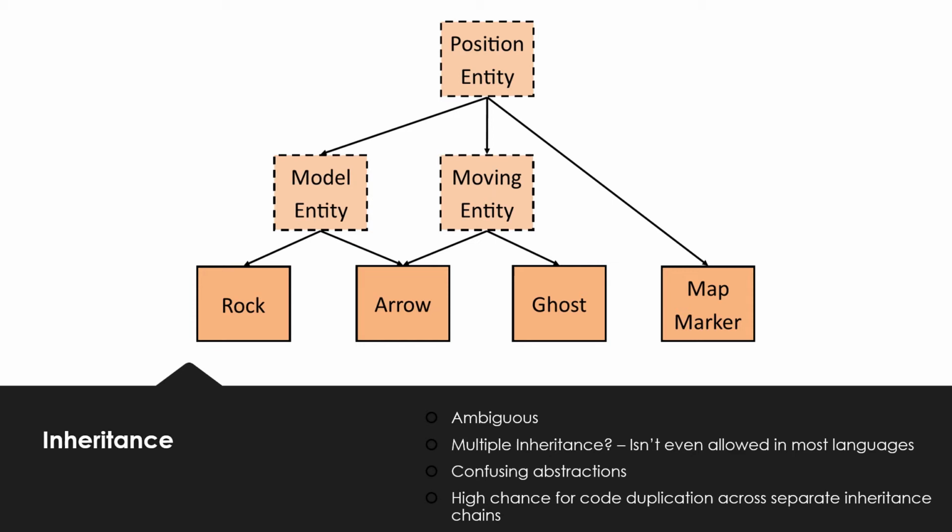So that's already a sort of point of contention with this, is that you have these situations where you need attributes from two separate base classes, but you may not actually be able to mix them together in a reasonable way. And so then you have the ghost, which moves, and the map marker is just kind of its own thing that really only inherits position. So, first of all, in solving this problem, you can probably see how it is ambiguous in the sense that this isn't the only way to solve it, and there's a lot of sort of abstract thinking that goes around this conceptual model.